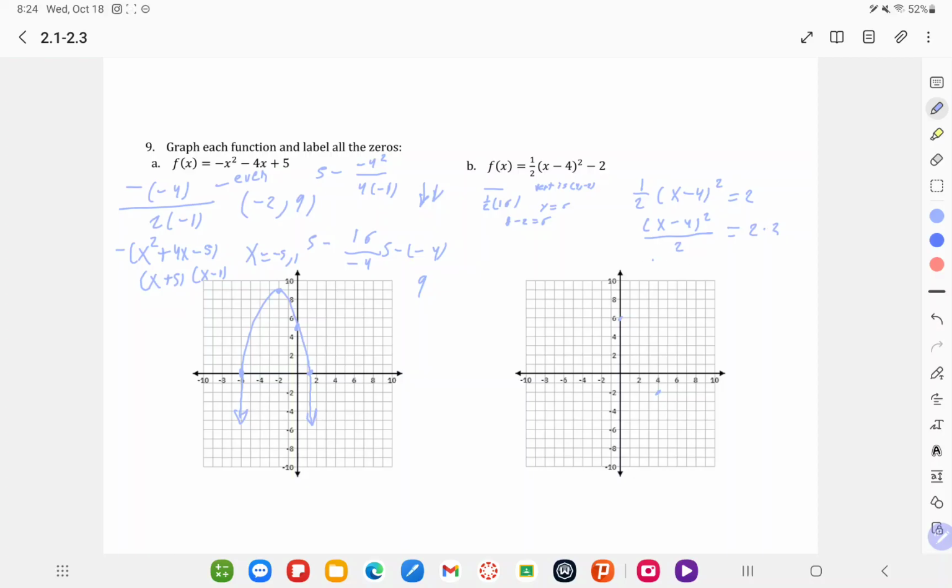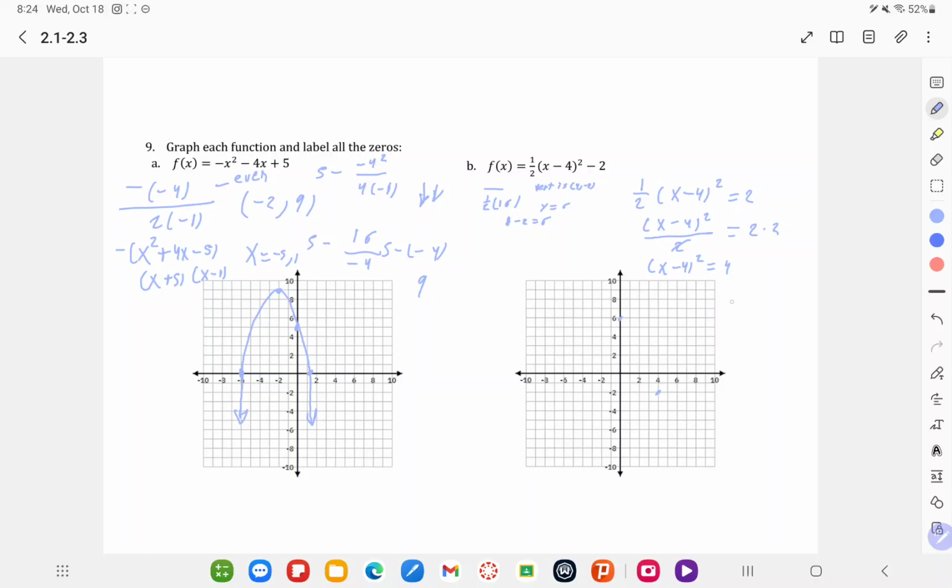So what happens is, x minus 4 to the power of 2 equals 4. Right? And when that is to the power of 2, you don't need to FOIL this, because you could just square root it out.